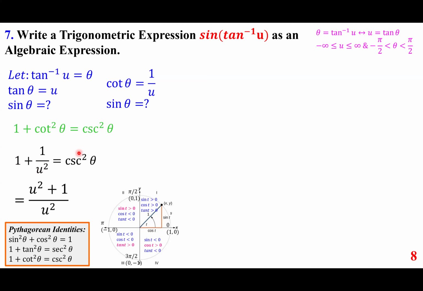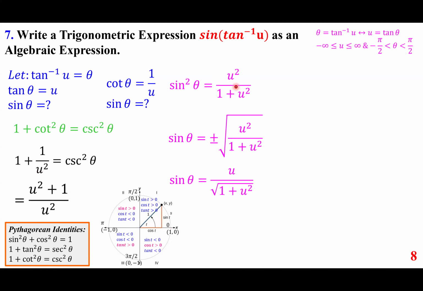And if cosecant squared is this, then sine squared is the reciprocal of that. So sine is plus minus the square root of that. And we keep the positive only because sine and tan have the same sign. Remember, sine and tangent, both of them, for the inverse function, we restricted from minus pi over 2 to pi over 2.